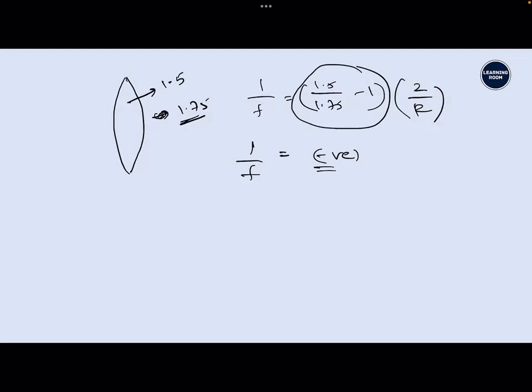That's what lens makers formula tells you. Below that point, you can note down this equation. When you drop it in a medium of greater refractive index, the nature of lens will change.